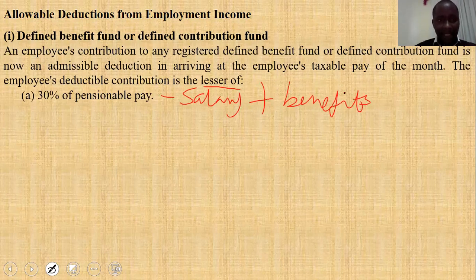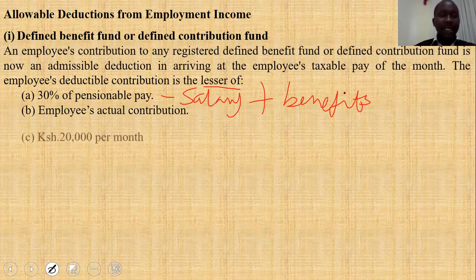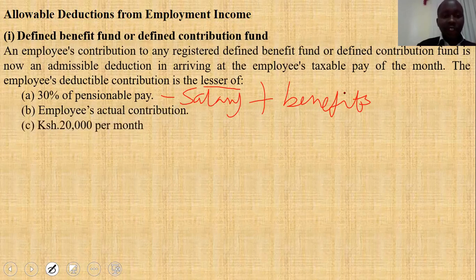Then next, we compare this with the employee's actual contribution, what you actually contribute, or 20,000 shillings per month. We call it CBT's limit.